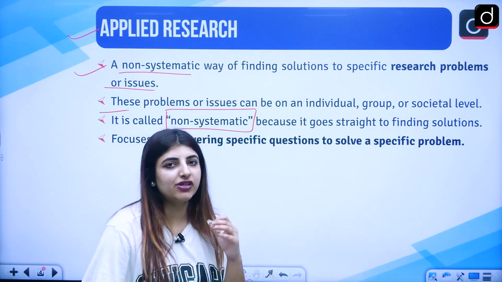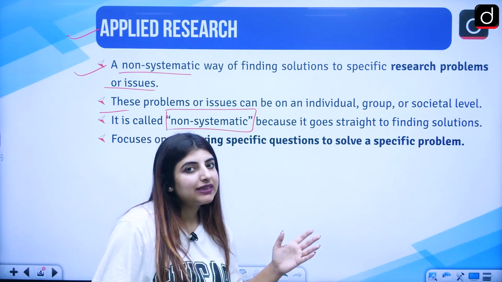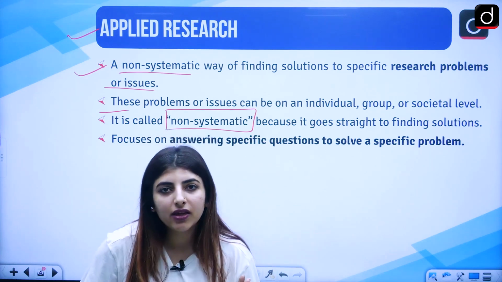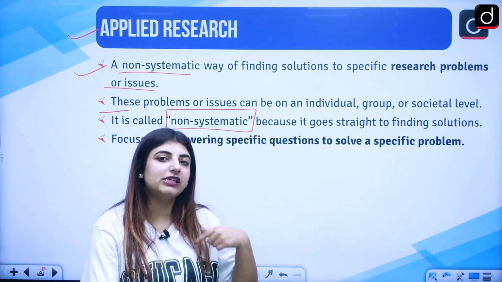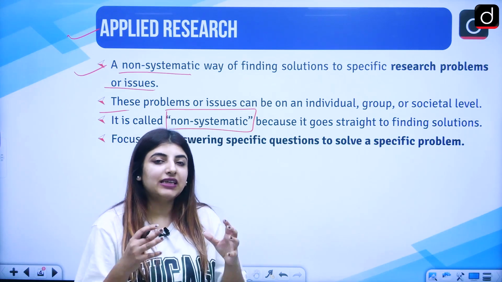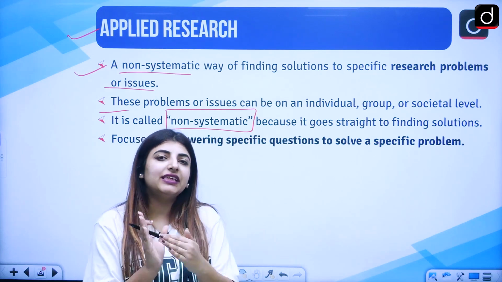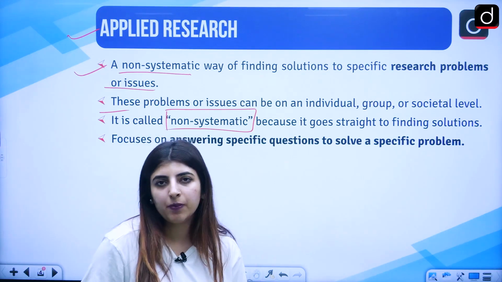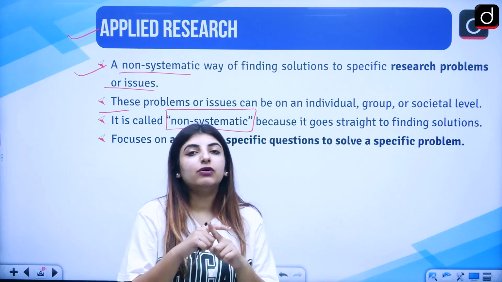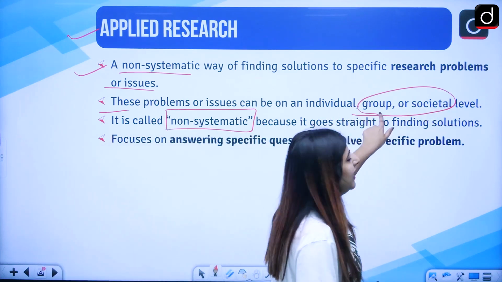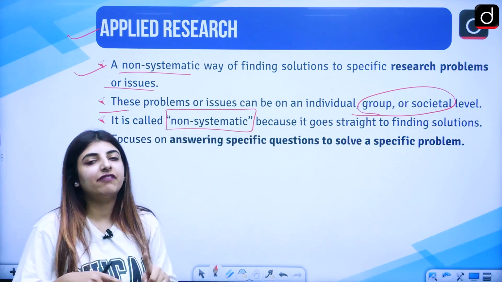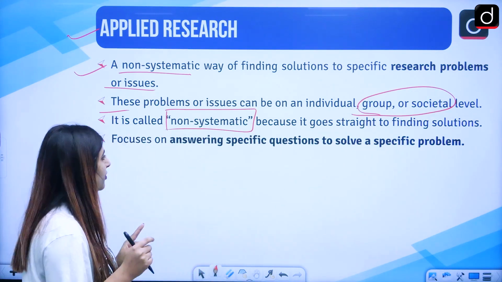So the law which is made against the dowry system could be considered what? It could be considered as applied research, because now people are starting to take action, and of course these cases have lessened in number. So of course that was a particular problem that was on a societal or group level, and it went on to generalize the solutions.